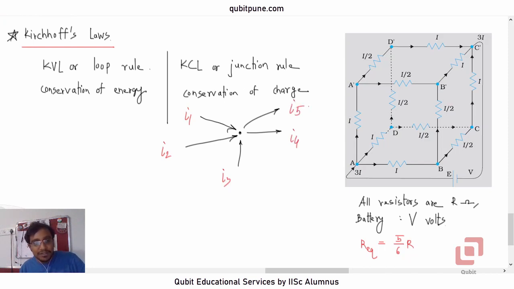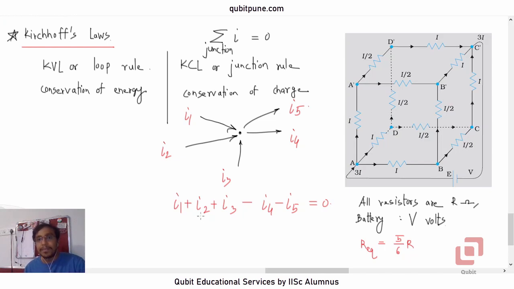So Kirchhoff's junction rule tells us that the summation of currents is always 0 at any junction. But which summation? Algebraic summation. So if I consider the incoming currents as positive, I must consider the outgoing currents as negative. That is what the junction rule tells us. Is that clear?